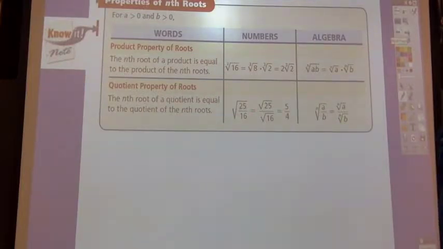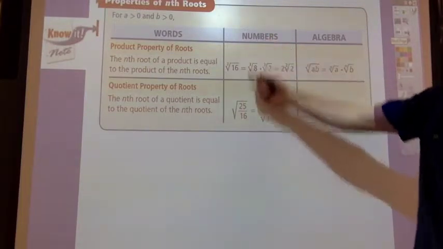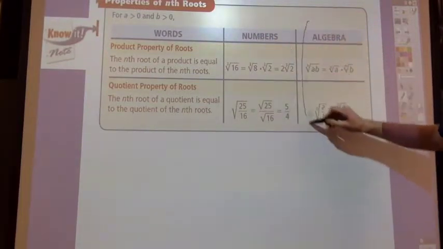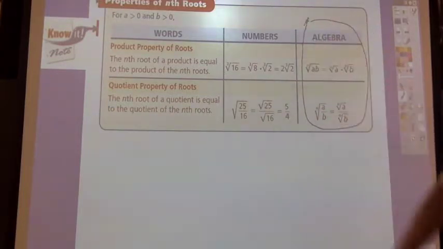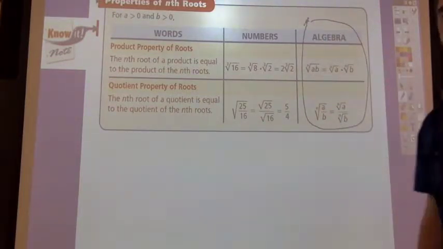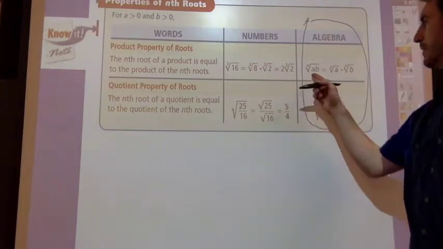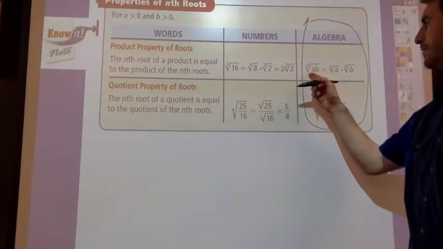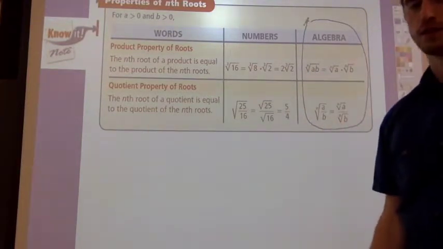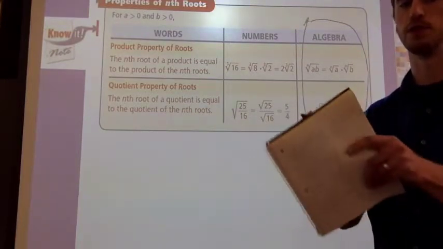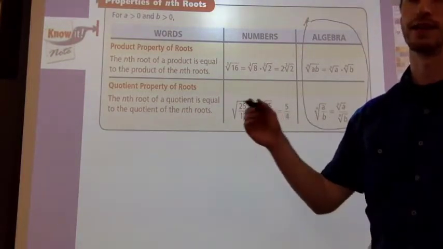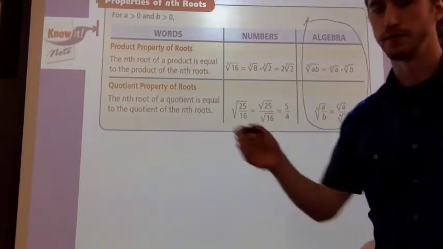Okay, some properties for you. This is just giving you examples. Really what you need to know is over here. It's saying that if you're taking the root of two different variables, like a times b, you can break it into the root of a times the root of b.